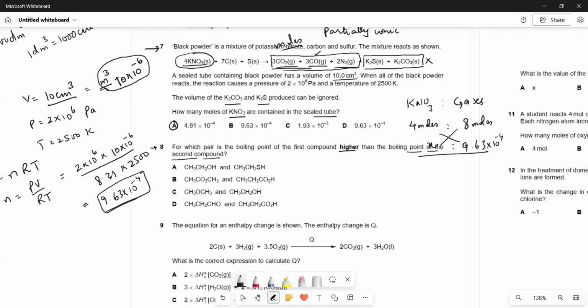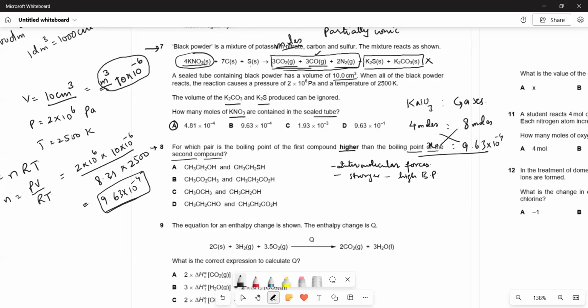Boiling point depends on intermolecular forces, right? So the one with stronger intermolecular forces will have a higher boiling point.